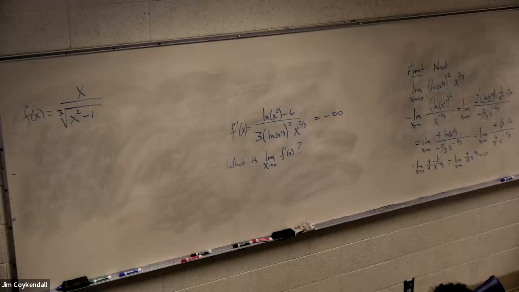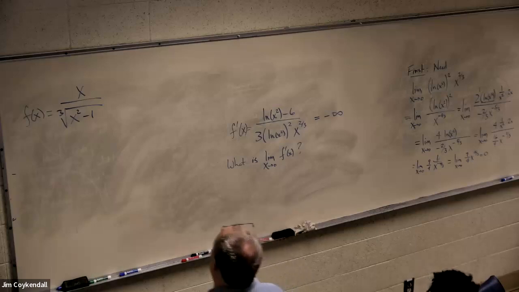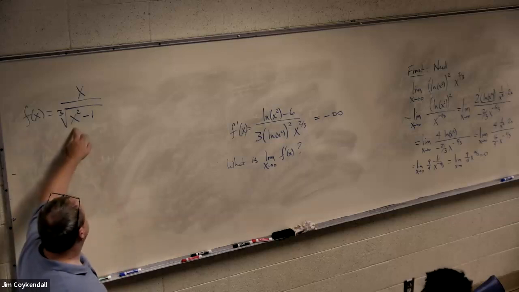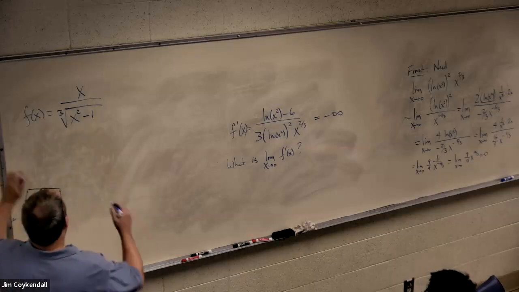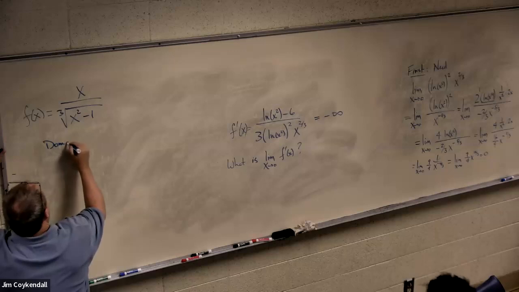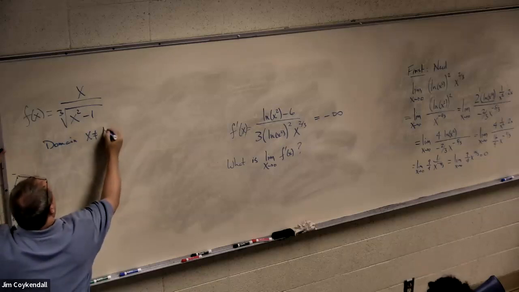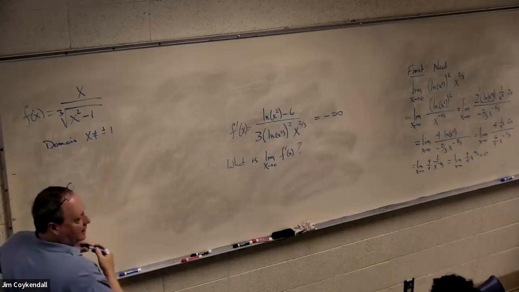First thing to note, I've got a couple of problems with this one. Where do they show up? What are some numbers to look out for? 1 and -1, there should be some funny bits, right? So the domain is everything except for plus or minus 1.